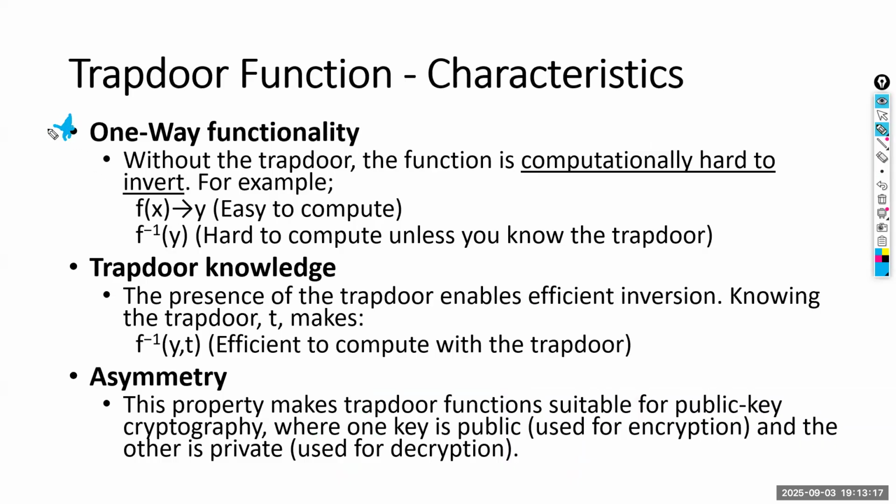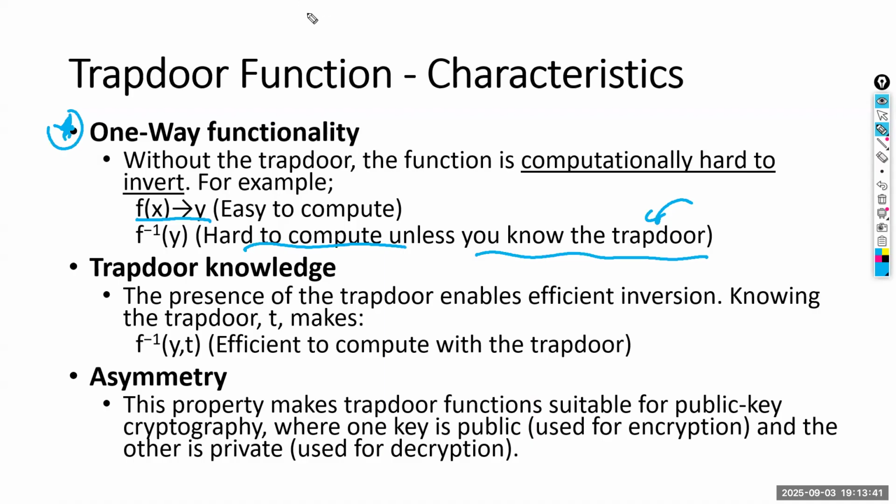We use trapdoor functions in public key cryptographic algorithms. You can see f(x), x to y, is easy. But y to x, that is f inverse, the inverse function, is hard to compute unless you know the trapdoor, or unless you have that secret private key.